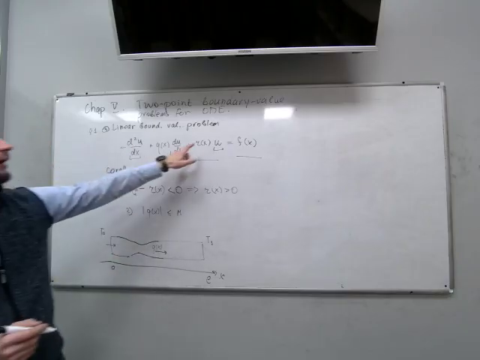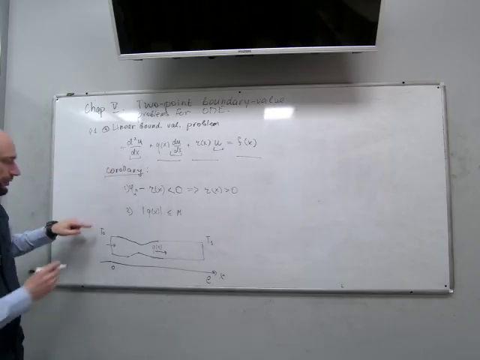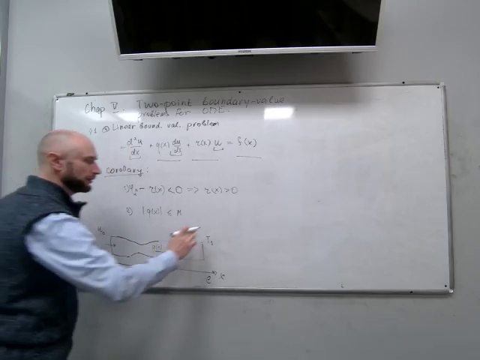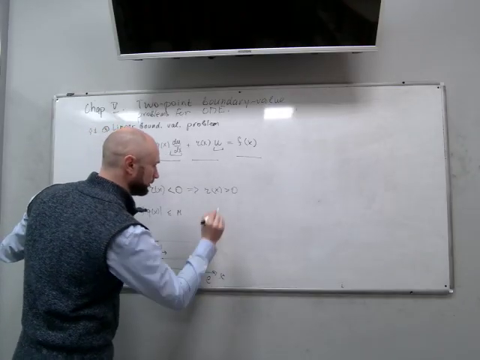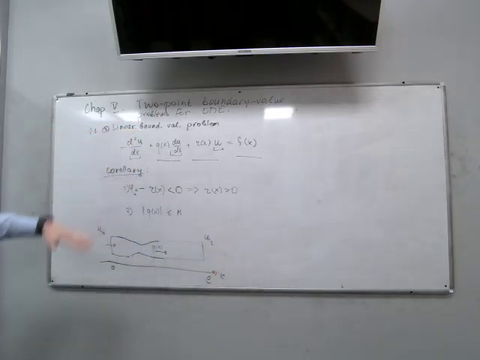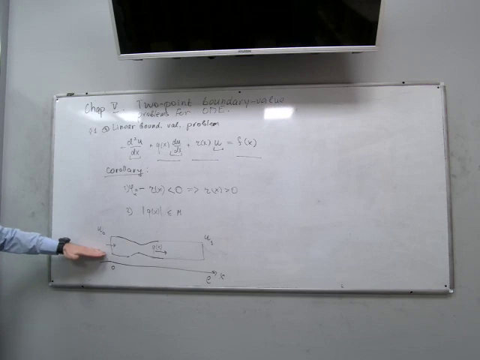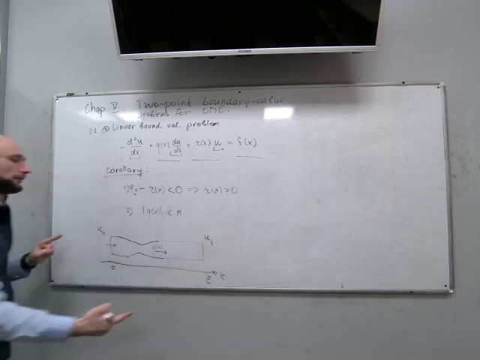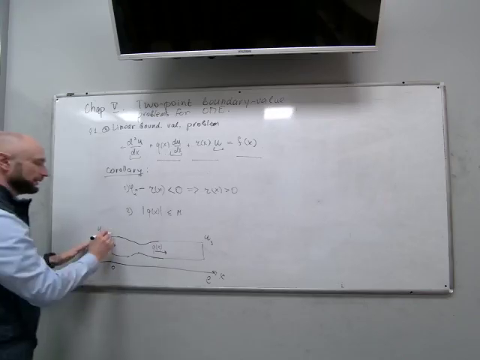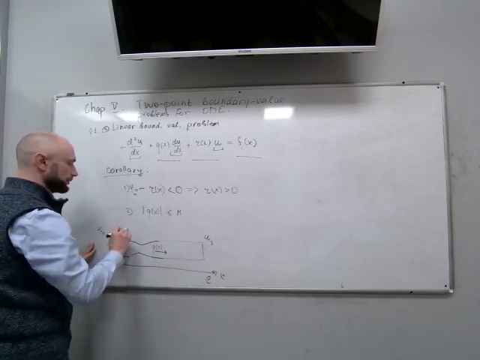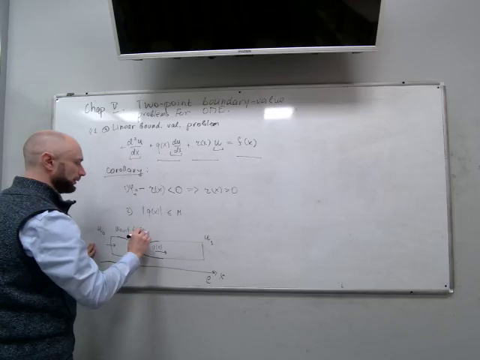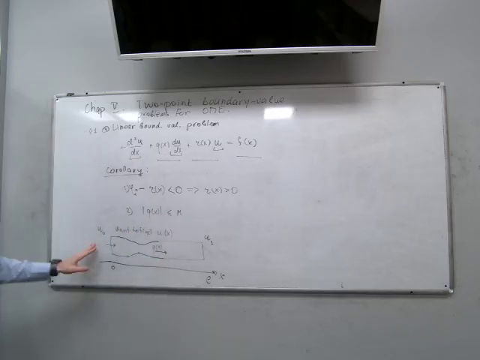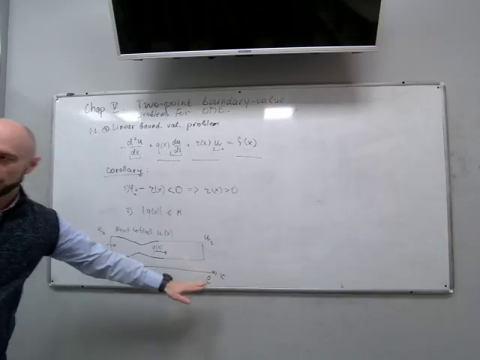What is r? U is our temperature, actually. I should have written U0 here and U1 here to keep the same notation. These values are known, and we want to find the temperature distribution as a function of the coordinate.